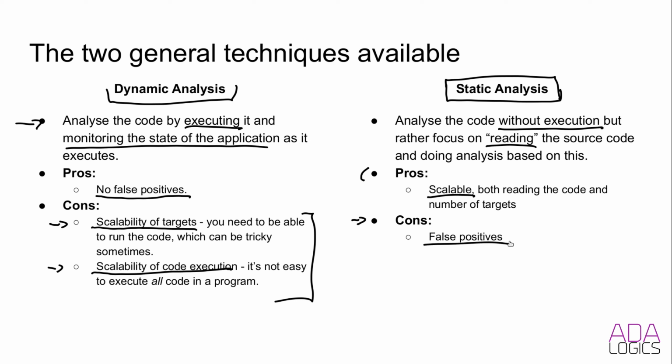Because it doesn't execute the target application, static analysis tools often have to do some type of approximation. And with this approximation comes a level of, say, uncertainty. The technique that we are going to talk about in this lecture, fuzzing, is a dynamic analysis technique.